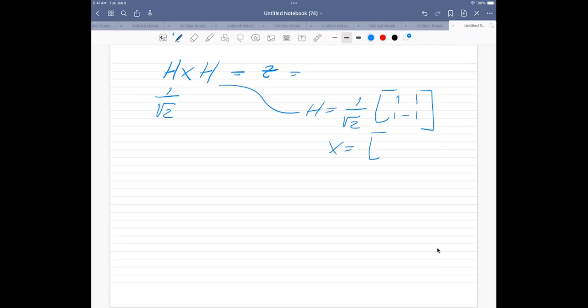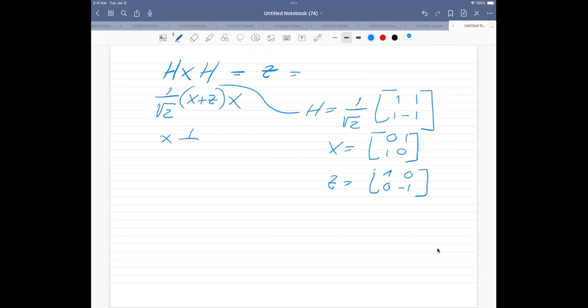One of the Pauli matrices is 0, 1, 1, 0, and then Z is 1, 0, 0, minus 1. So that means that what you have now is X plus Z.